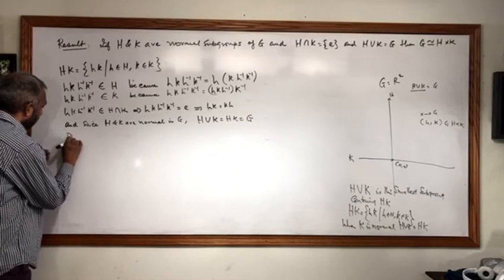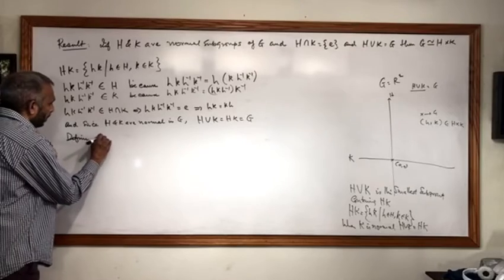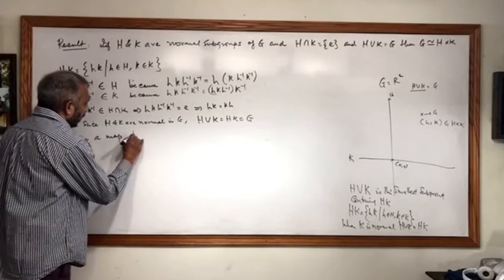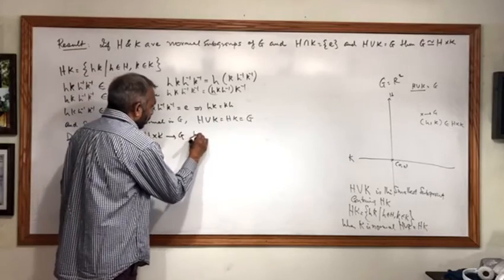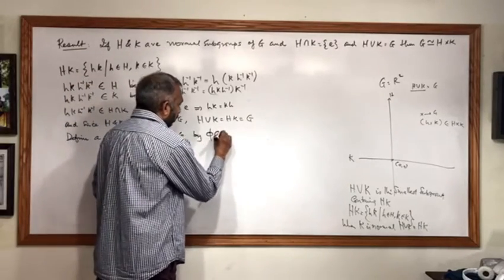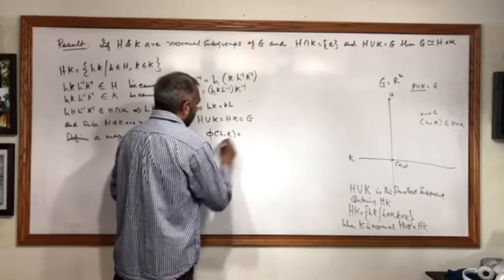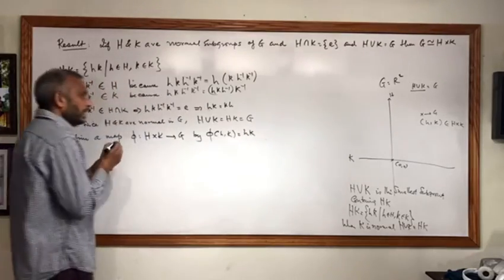So define a map phi from H times K to G by phi of (h, k) is equal to hk. It is well defined.